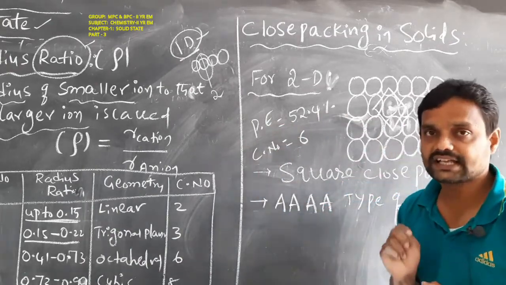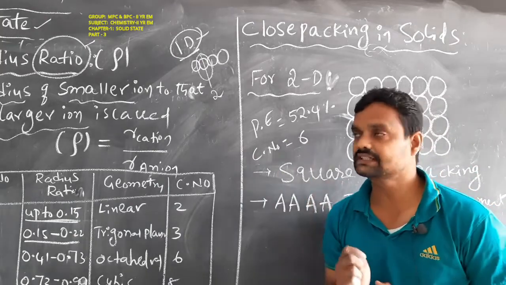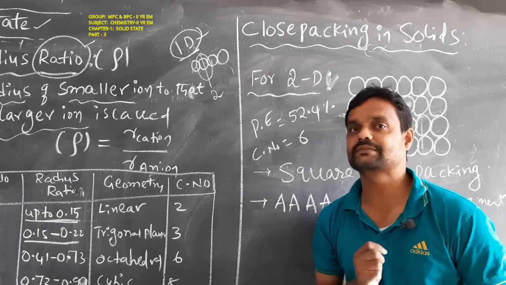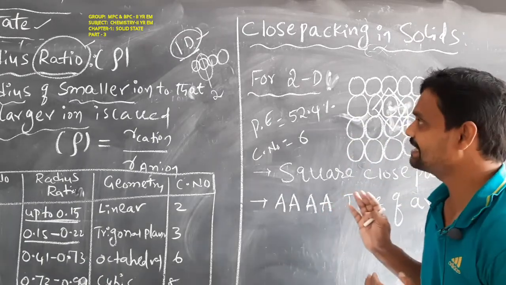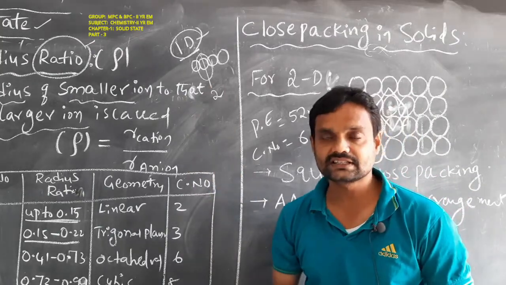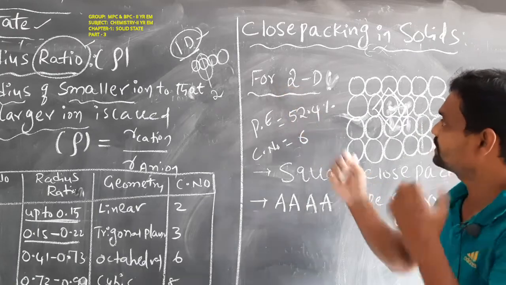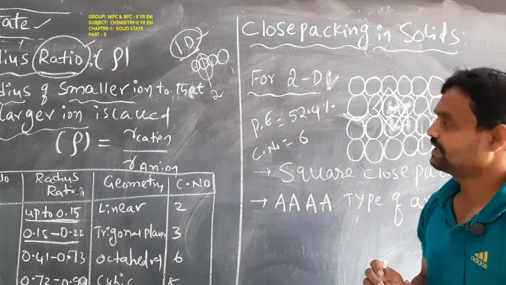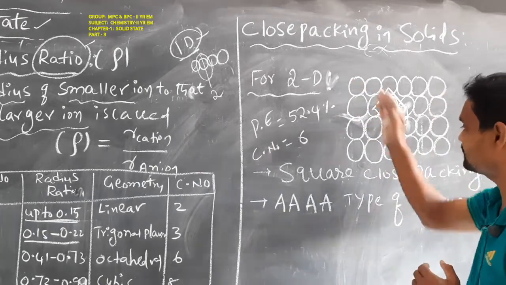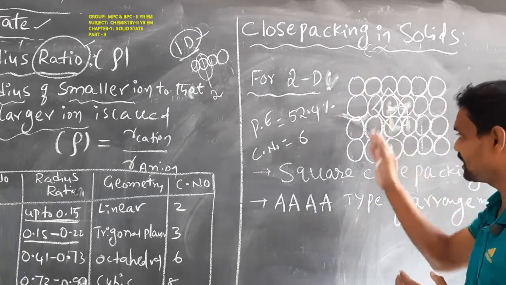Now, for example, when they are arranged in two dimensions. In solid state chemistry, we study two dimensional and three dimensional close packing. Two dimensional means there are two directions, for example, the x axis and the y axis: one direction, another direction.